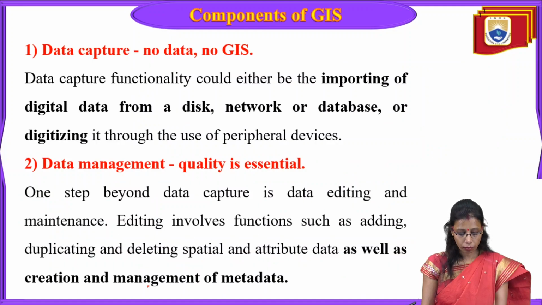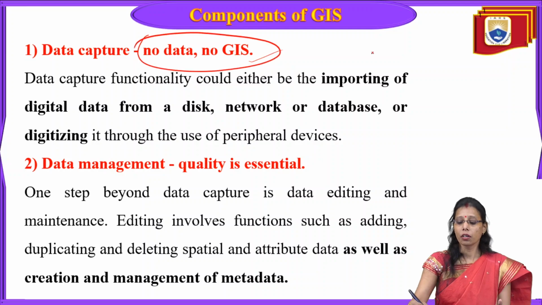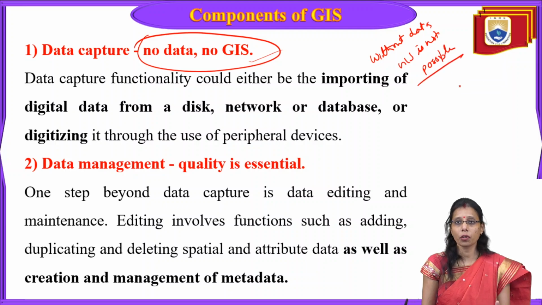Now when you talk about data capture: no data, no GIS. That means without data, GIS is not at all possible, because data is the only thing you can feed into GIS, and only then can you get the output.